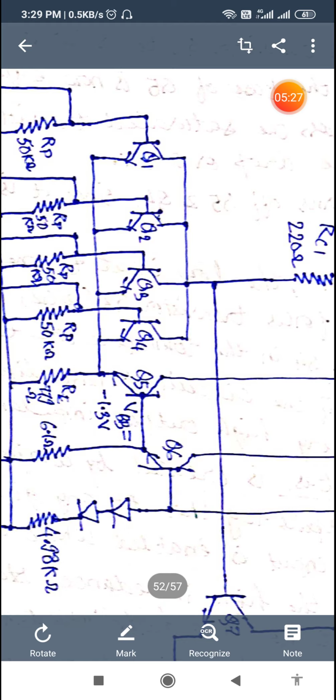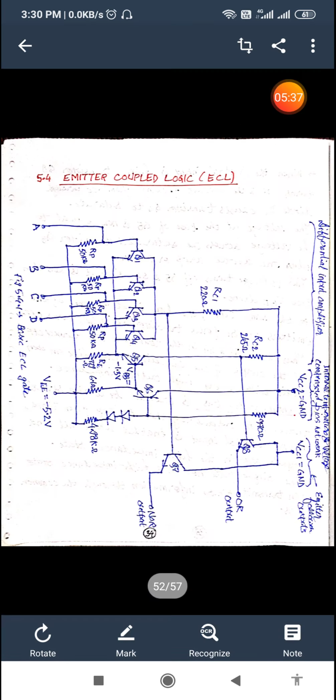Q5 is cut off because its VBE needs at least 0.6 volt to start conducting. The current in resistor RC2 flows into the base of Q8. This current is so small that only a negligible voltage drop occurs across RC2.